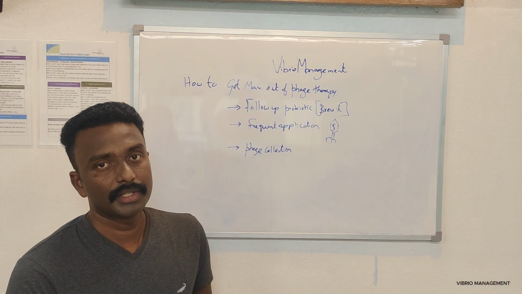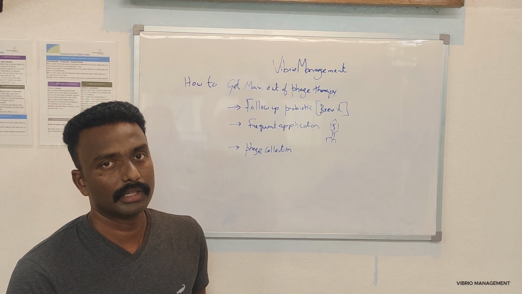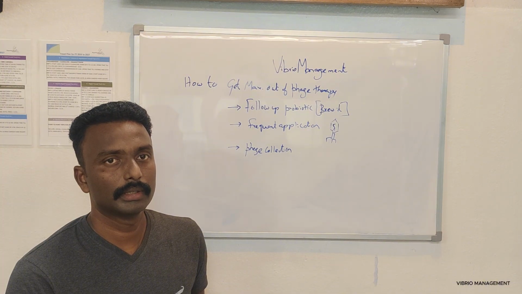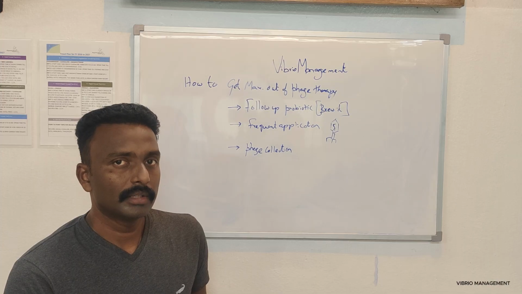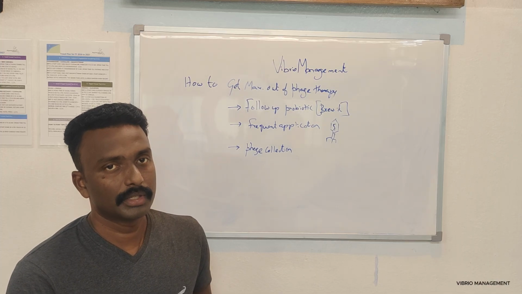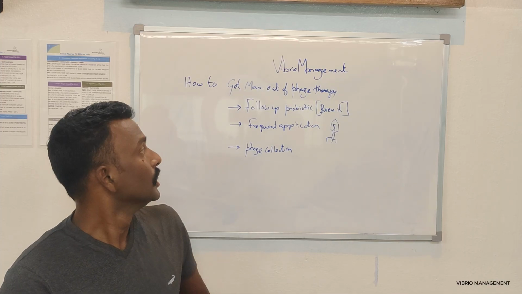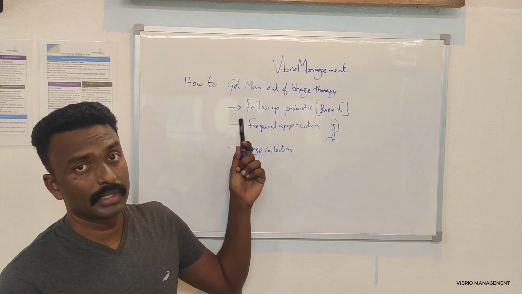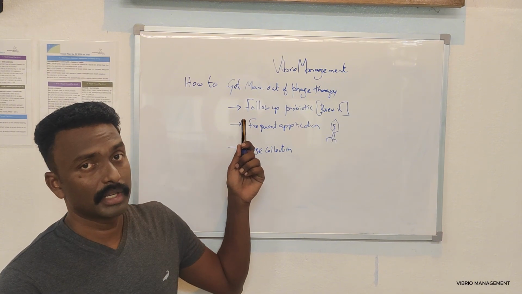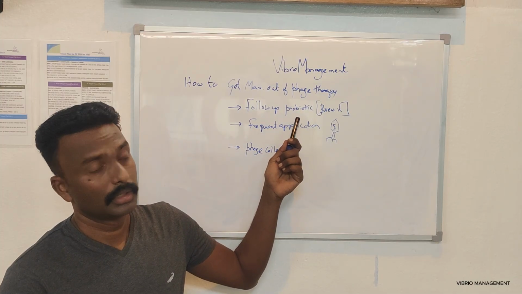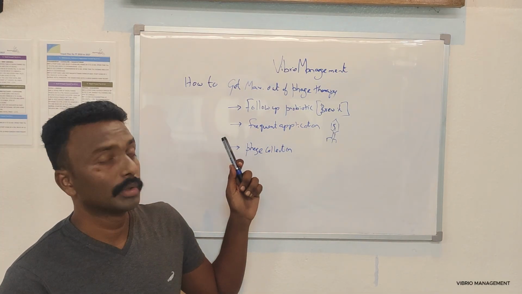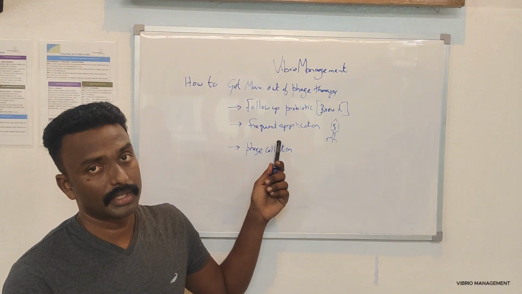While bacteriophage therapy is a better answer than chemical-based microbial control, to get the maximum out of it, a few things are to be kept in mind. Number one, bacteriophage therapy should always be followed by a probiotic application, and it should be brewed. Also, frequent application of phage therapy is needed.